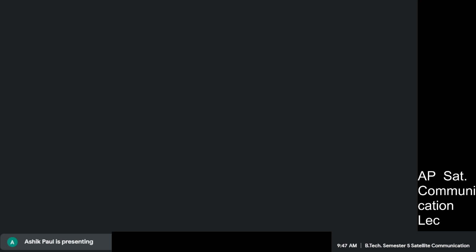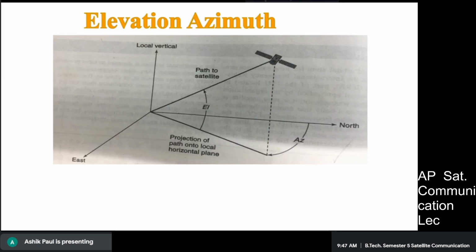And elevation is the angle measured upward from this horizontal plane to the path joining the Earth station. So the angle measured upward from this horizontal plane to the line joining your Earth station with the satellite is referred to as the elevation.